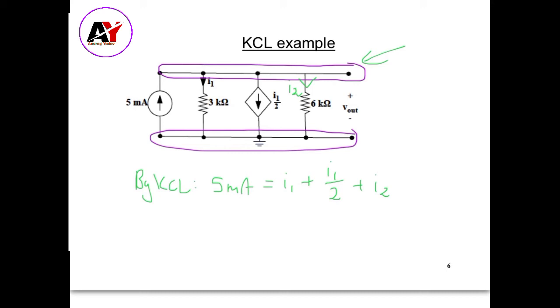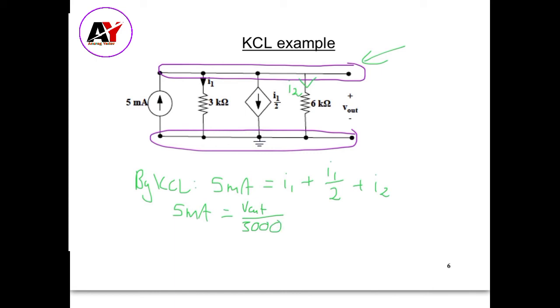We can write this as 5 milliamps is equal to, and we know by Ohm's law that I1 is equal to V out over 3 kilo ohms, 3,000.